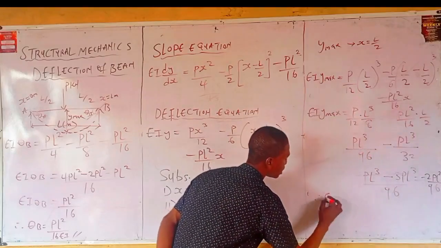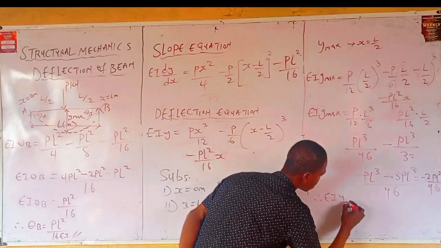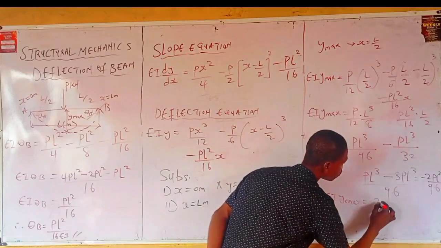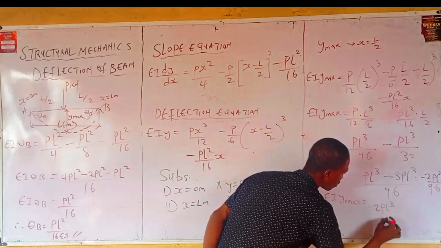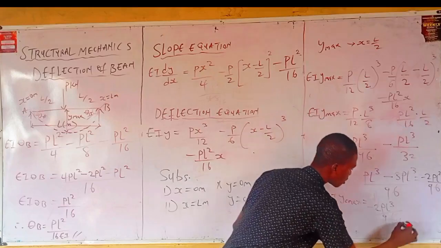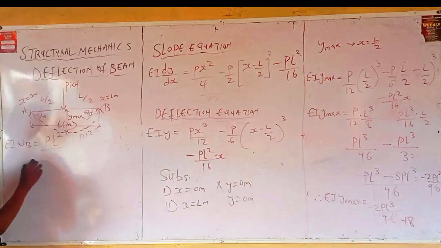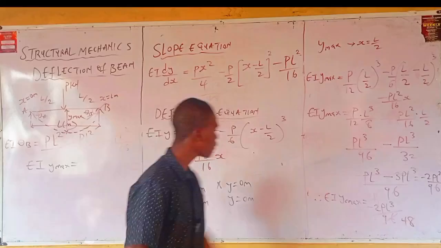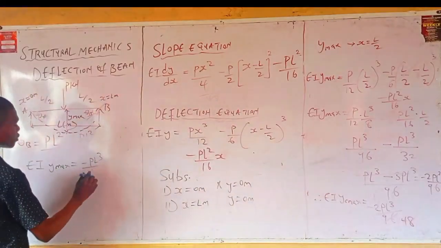Meaning that EI Y max is equal to negative 2PL cube over 96, right? From here, 2 go here 1, 2 go here 48. EI Y max equals negative PL cube divided by 48.